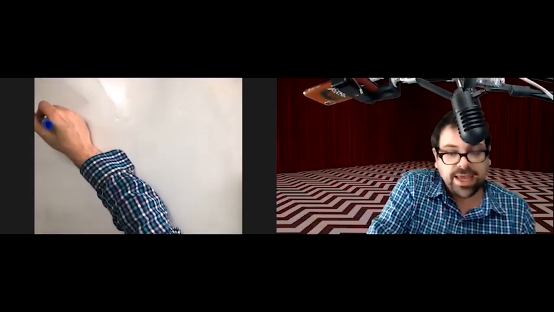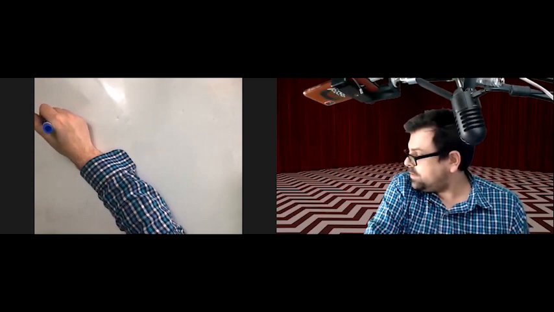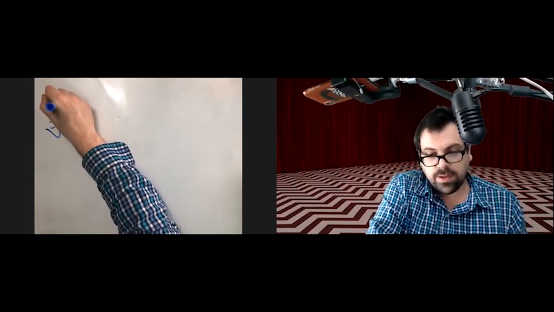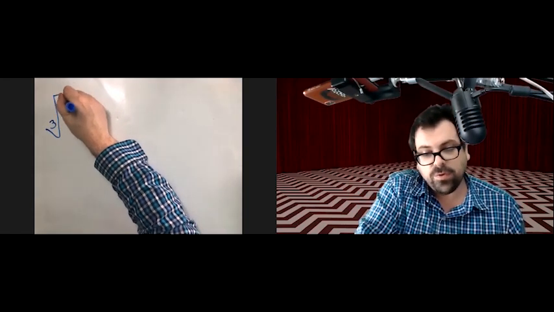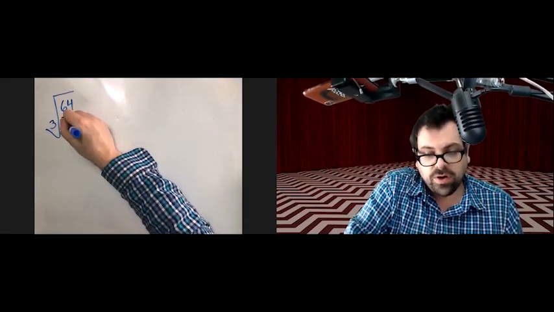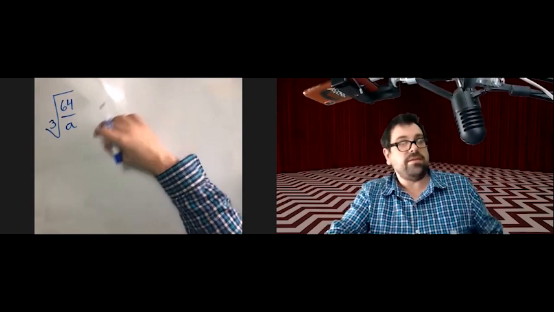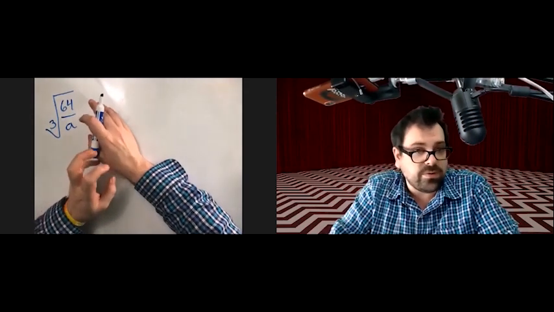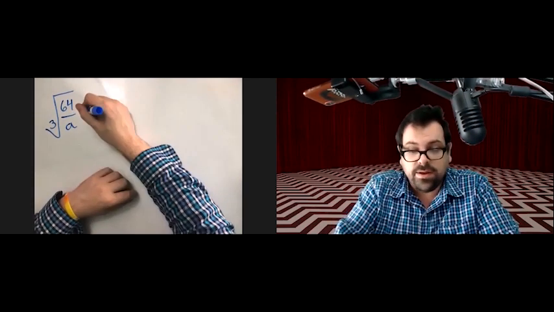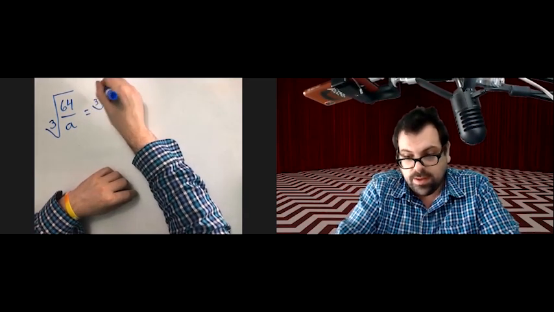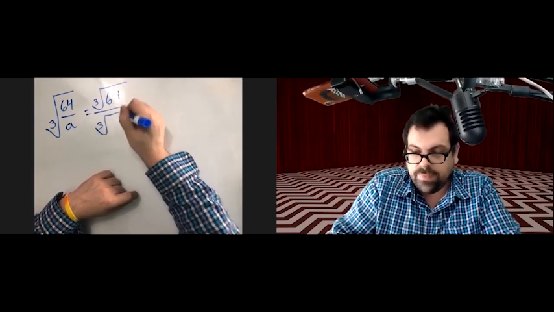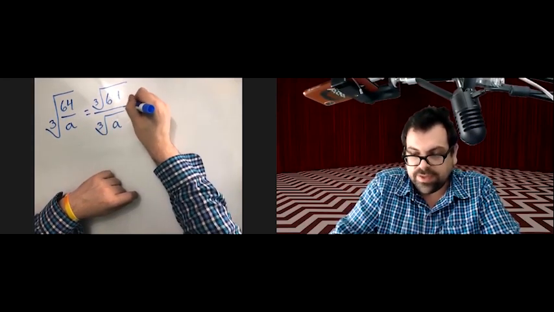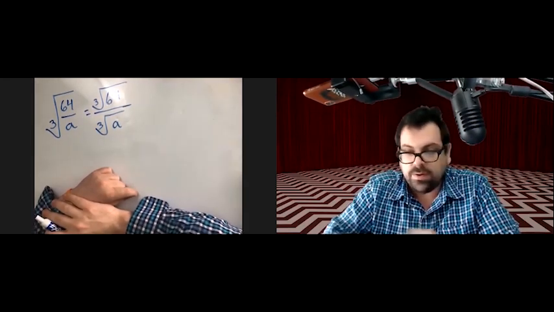Cube root, let's look at the cube root of 64 over a. Again, fractions inside of the radicals means that hiding is a radical in the denominator.